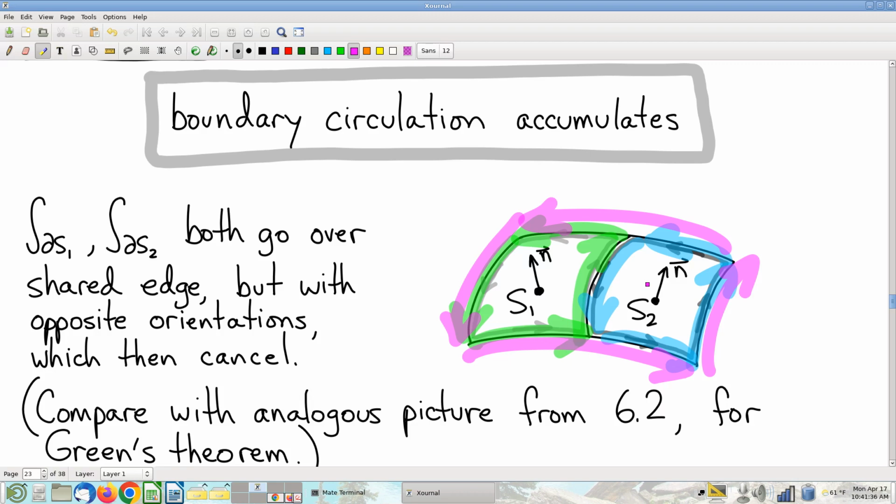And, well, you're going to be tempted to say no, but as per usual, if we look at this shared edge here, on that shared edge, we see we go across that shared edge twice in opposite directions, just like with Green's theorem. And so those cancel, and with them canceled, now let's look at the green and the blue. Is green plus blue equal to purple? Yeah, they're exactly the same thing. Is everybody with me?